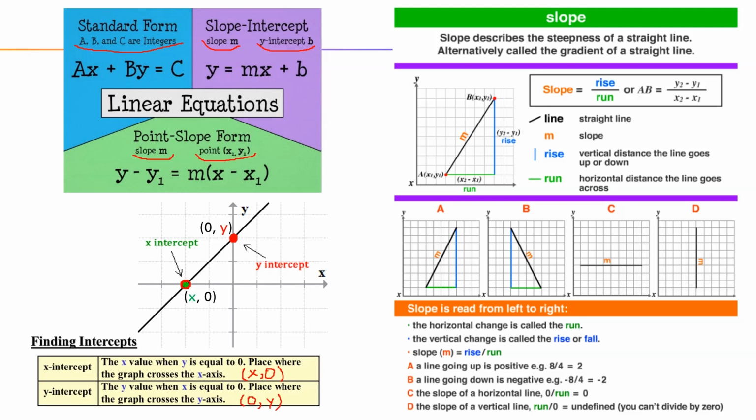So one more note: for a linear graph, we only need 2 points to draw a graph, a line in this case.